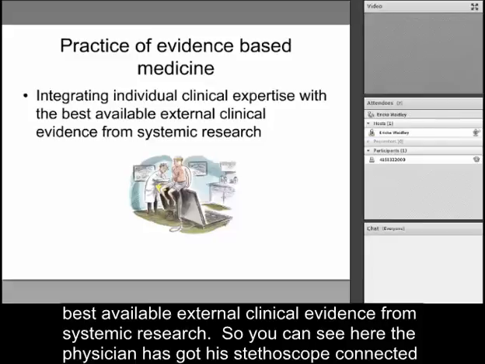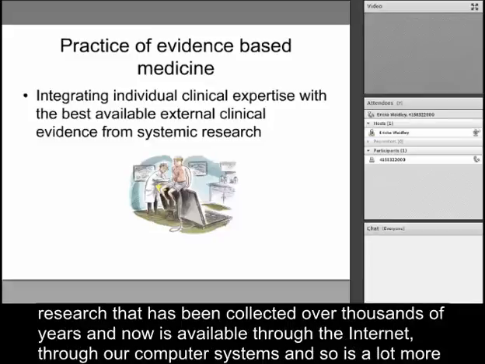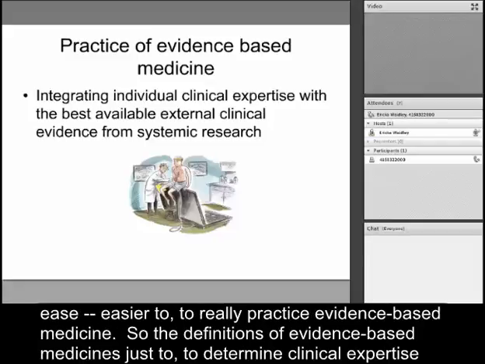So you can see here the physician has got his stethoscope connected directly to the computer. So that's a little bit bizarre. But in fact, what evidence-based medicine is doing is combining both the physician's expertise and the clinical research that has been collected over thousands of years and now is available through the internet, through our computer systems. And so it's a lot easier to really practice evidence-based medicine.